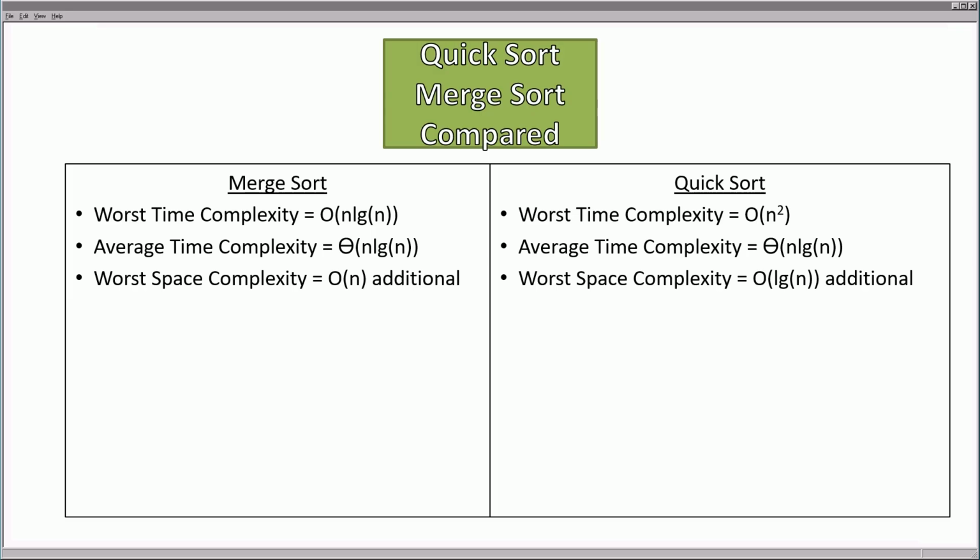Now, in addition to this, merge sort is far worse when it comes to space complexity. You need more memory in order to run merge sort. However, quicksort uses far less space and has a better average time complexity.